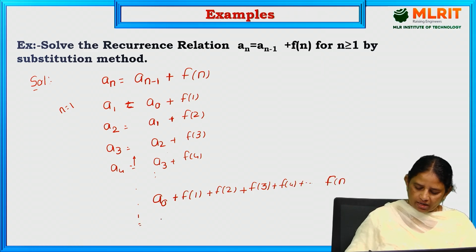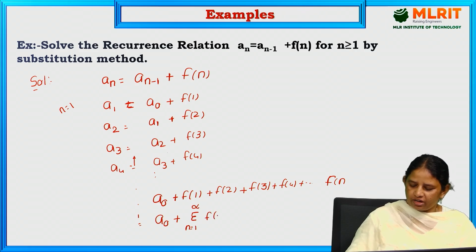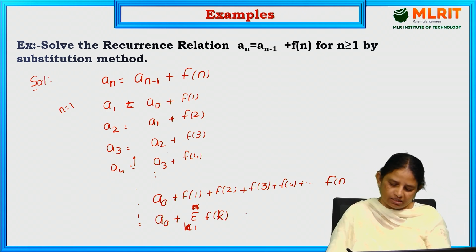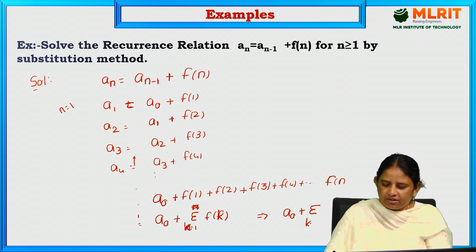So a_0 written as it is, plus sigma, k equal to 1 to n of f of k. That is the summarized form of the recurrence relation.